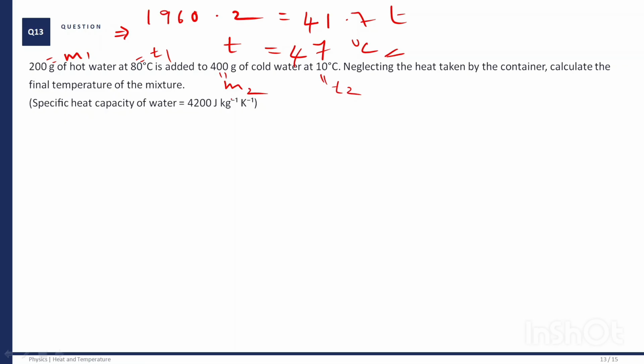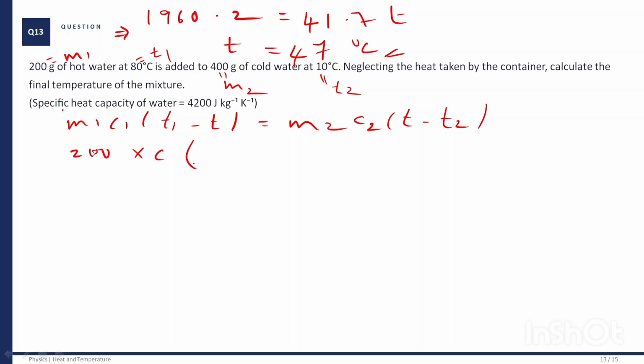Same formula I will use, the method of mixture formula: M1 C1 of T1 minus T equal to M2 C2 of T minus T2. What is the mass M1 here? 200 into C. Why have I taken C?